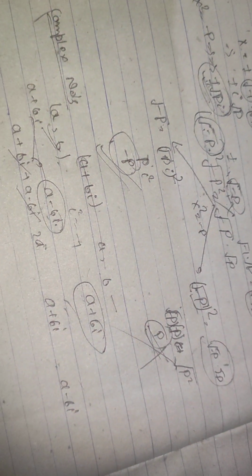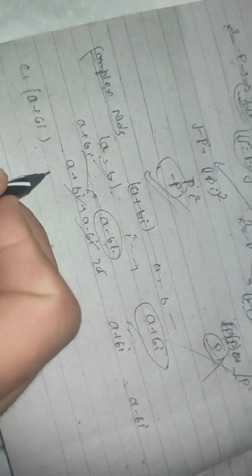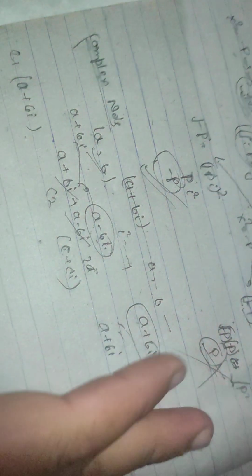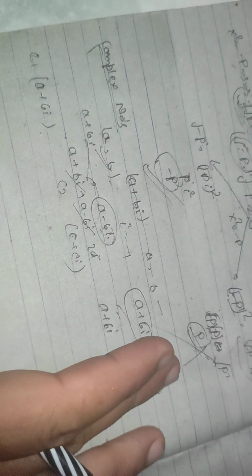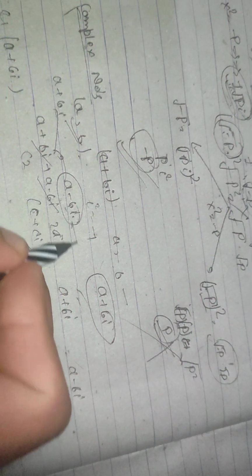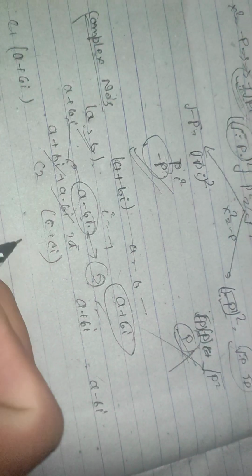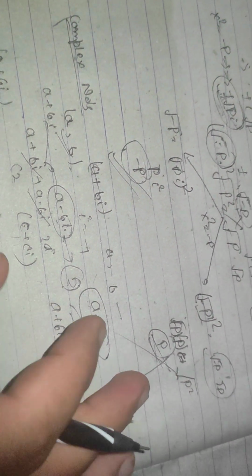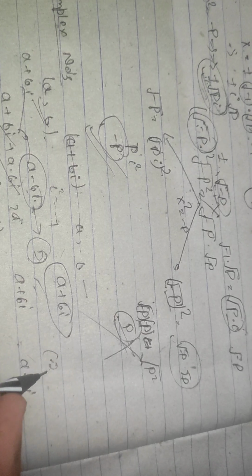Now we talk about when two complex numbers are equal. This is complex number c1, and say c2 is another complex number. Think about what the conjugate is and what its role is. In the next video we will talk about conjugates.